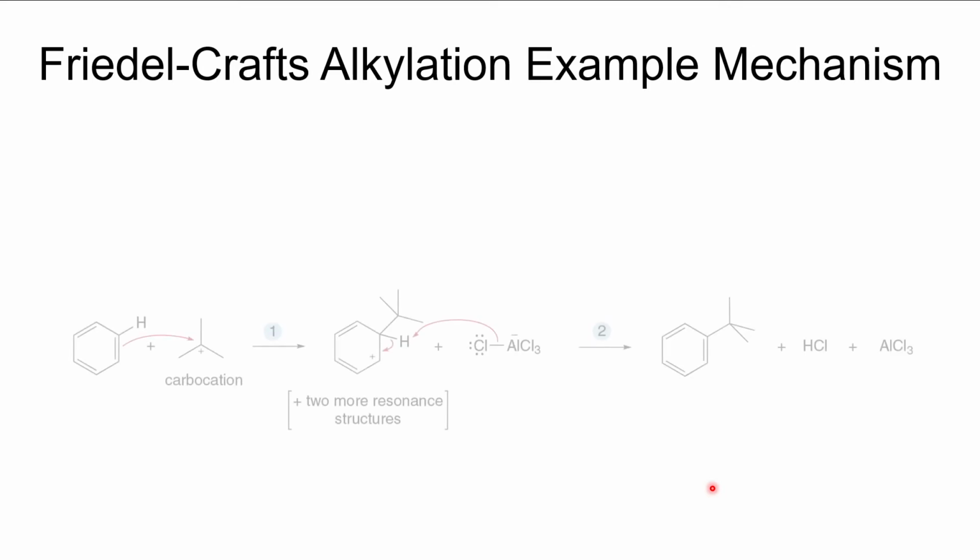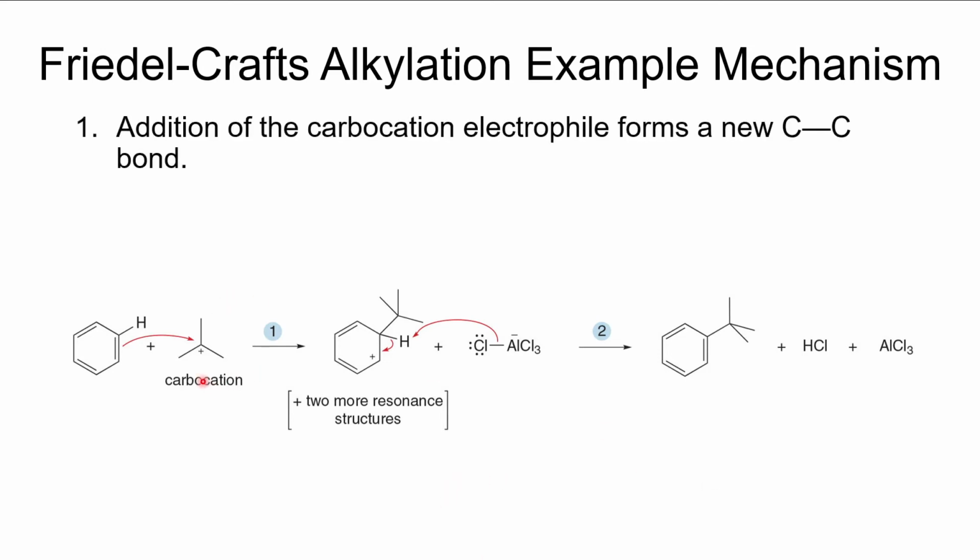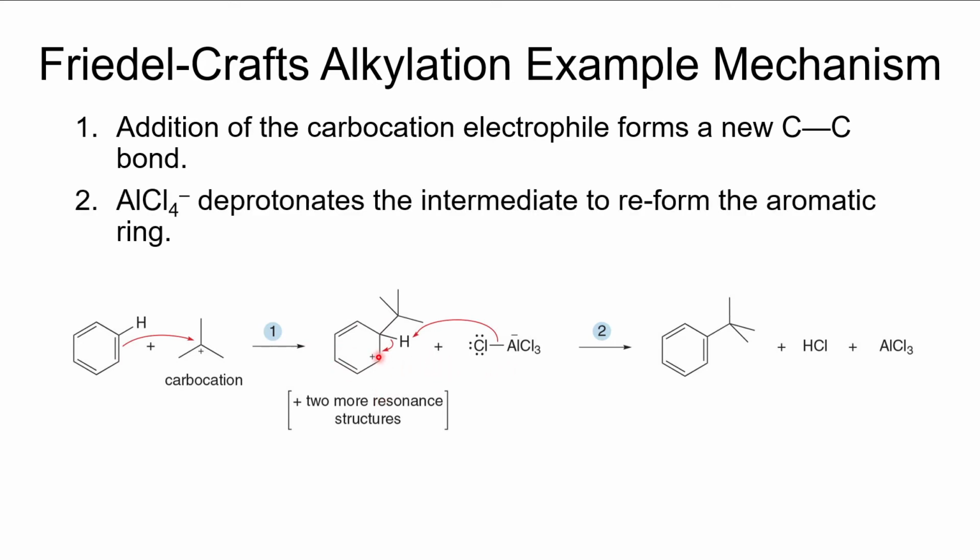All right. So here we're going to look at this example in a little bit more detail. We're going to look at the mechanism of that, where that tertiary carbocation reacts with the benzene ring to form our resonance stabilized carbocation. Again, this is the arenium ion. All right. Then the AlCl4 minus will deprotonate.